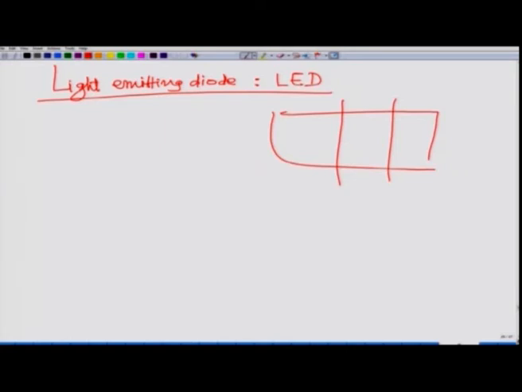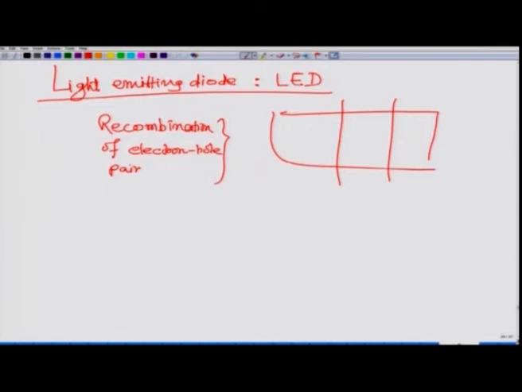That recombination is the key for this LED. Recombination of electron-hole pairs always takes place in any PN junction diode.